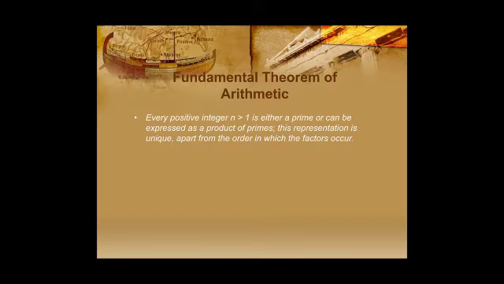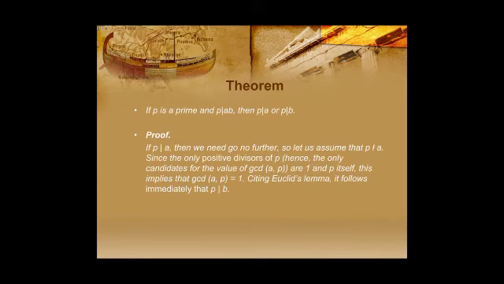Every positive integer n greater than 1 is either a prime or can be expressed as a product of primes. This representation is unique apart from the order in which the factors occur. Next is a theorem which reads: if p is a prime number and p divides ab, then p divides a or p divides b.